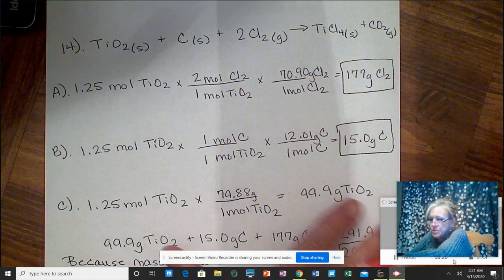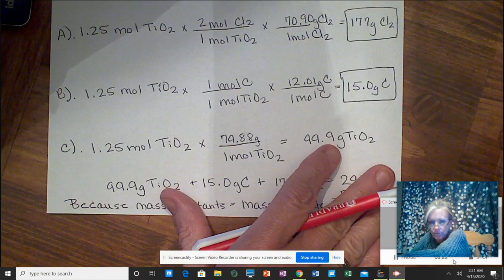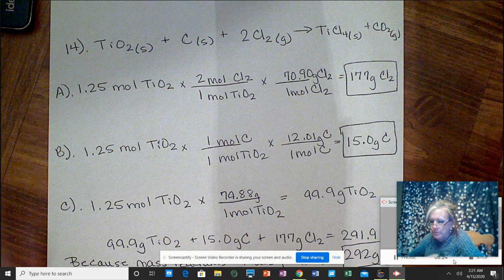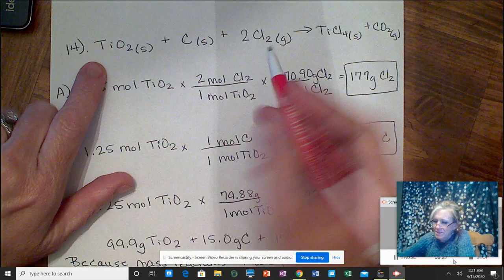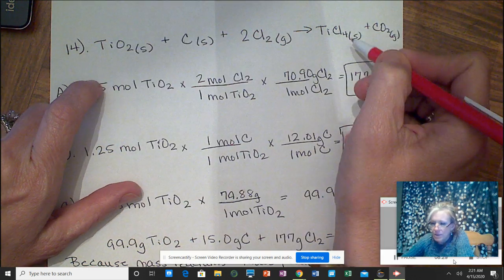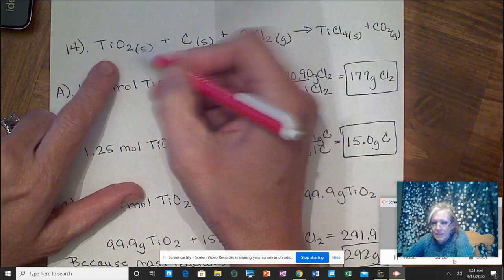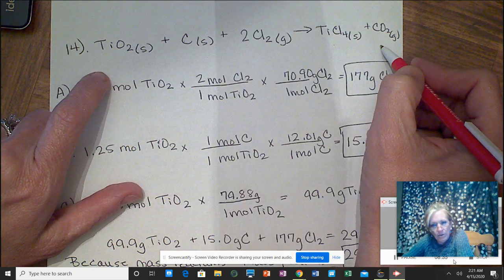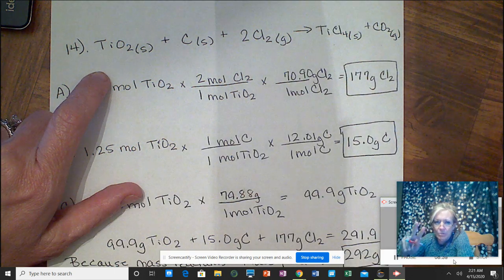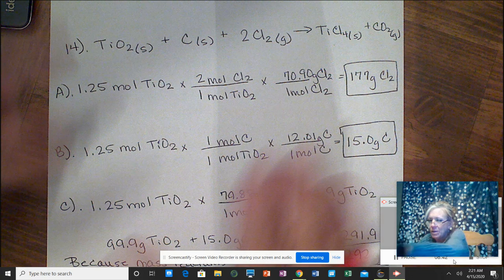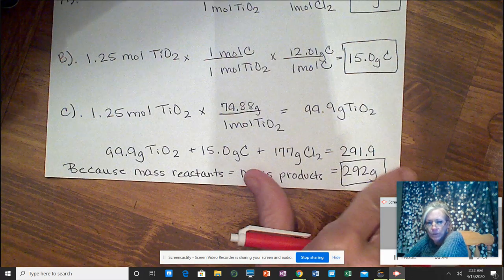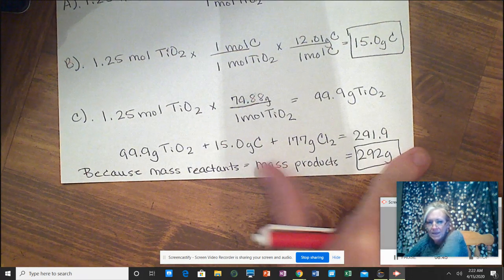Okay? So that's what I did here. Now, the other option is you can take this and calculate your number of grams of this one, and you can take this and calculate the number of grams of carbon dioxide. But that's doing 2 stoichiometry problems.